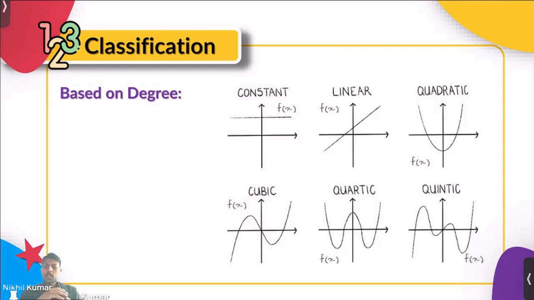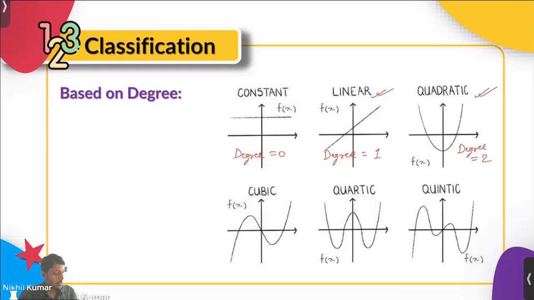Based on degree also, we classify polynomials. If the degree of a polynomial is 0, it's a constant polynomial. If the degree is equal to 1, it's called a linear polynomial. If the degree is 2, it's called a quadratic polynomial.